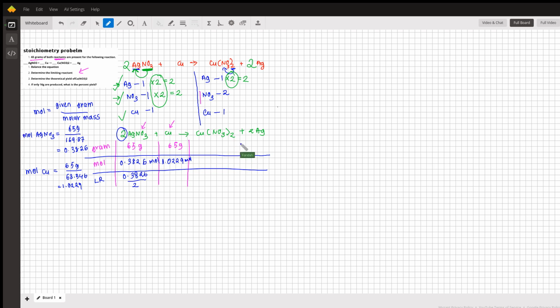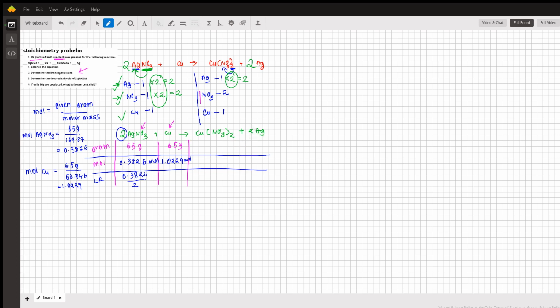And for copper, we take 1.0229 divided by its coefficient. It's actually 1; if there's nothing, that means 1. So just divide by 1.